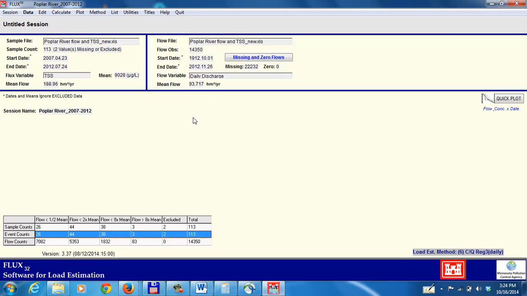Okay, so that's how you determine the optimum sampling scheme, and that's what you should be reporting in your assignment 2. Now it would be good if you went through and determined what that optimum sampling scheme would be for each of the 3 data sets, the TSS versus flow data, or I should say the sample data that you have, 1984 to 2001, 2002 through 2006, and then 2007 through 2012.